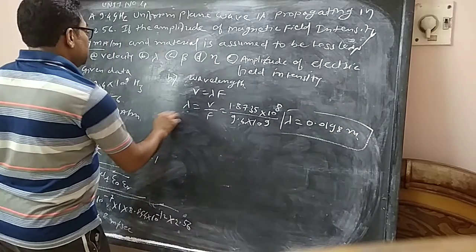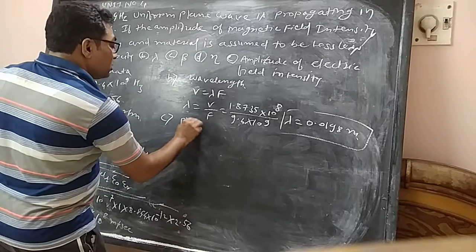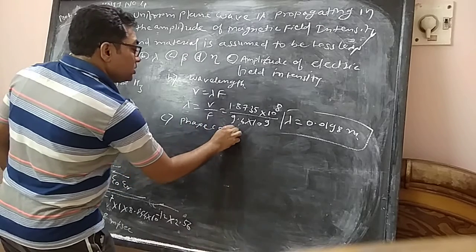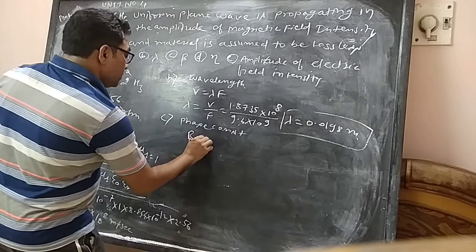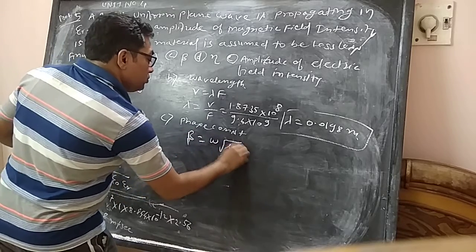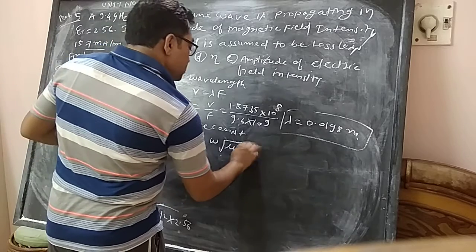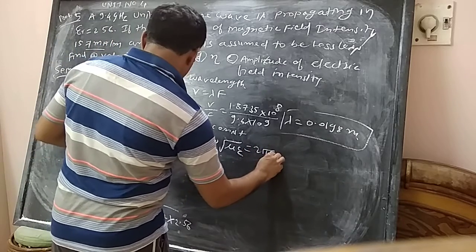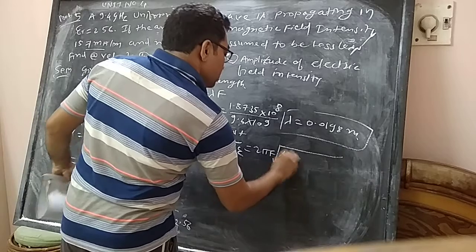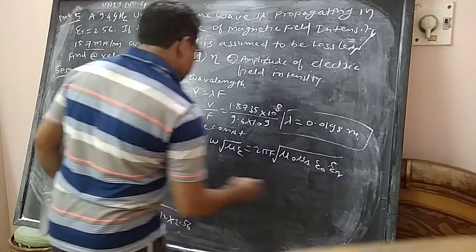Then C, to calculate beta, to find the phase constant, beta equal to omega under root of mu epsilon. So omega is 2 pi f, under root of mu 0 mu r epsilon 0 epsilon r.